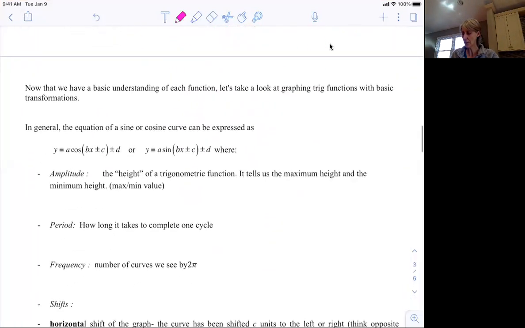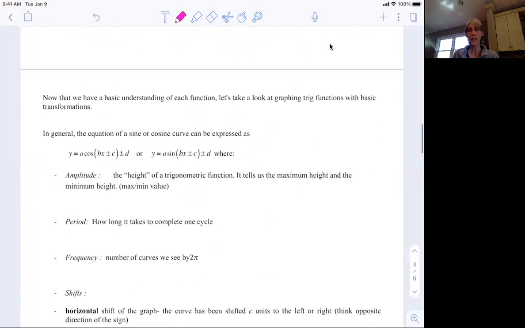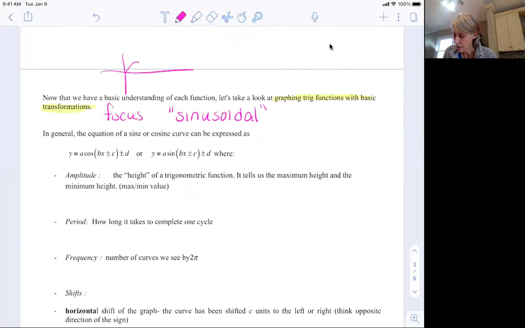So today, now that we have a basic understanding of each trig function and how to graph it, we're going to take a look at graphing some trig functions with basic transformations. We're going to focus on what we consider our sinusoidal curves, our sine and our cosine.